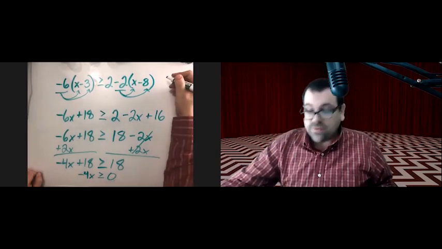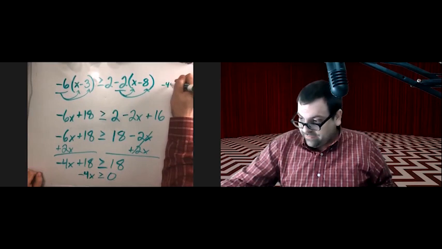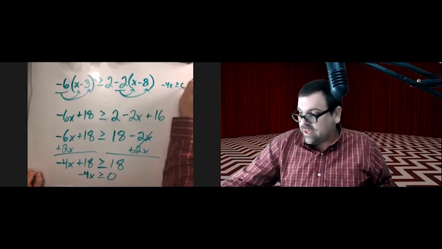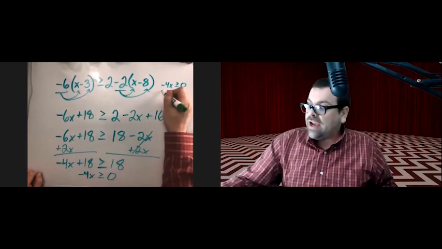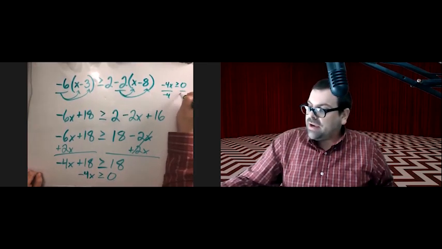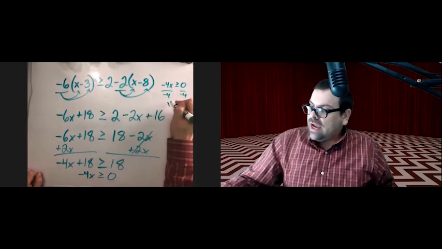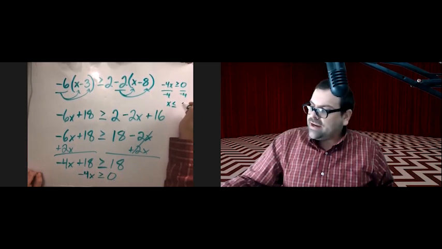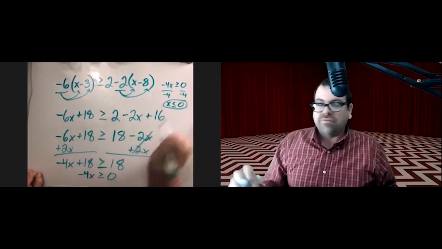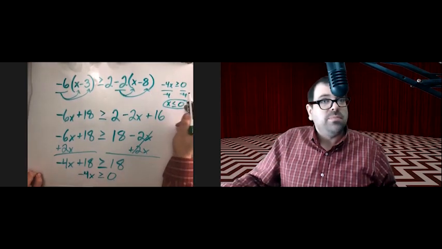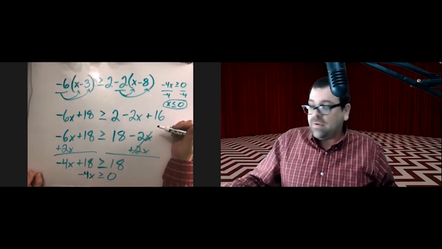And let me write this over here. From negative 4x greater than or equal to 0, if I divide both sides by negative 4, I get x is less than or equal to 0. Got to flip that sign because we divided both sides by negative 4 in the process of solving.